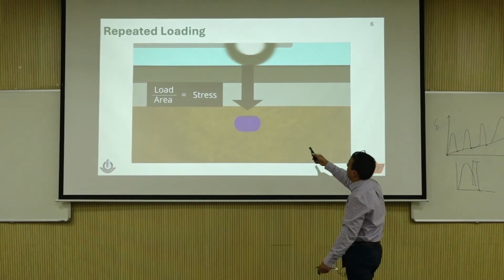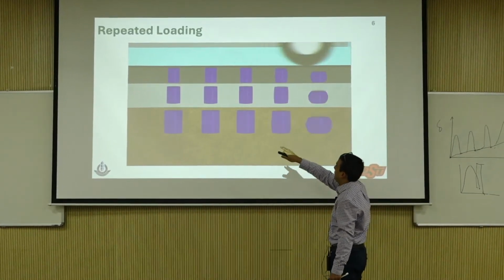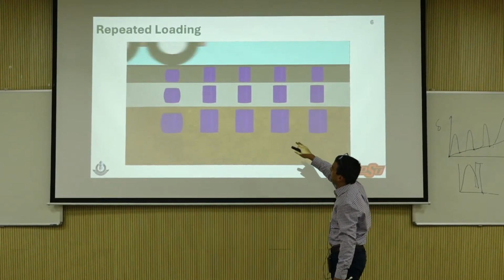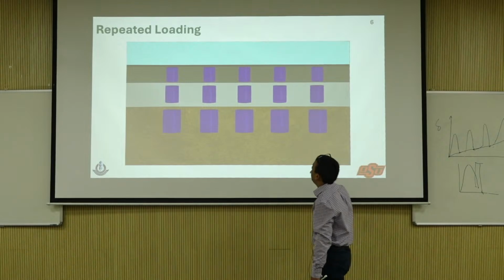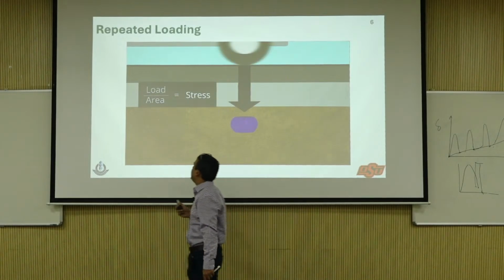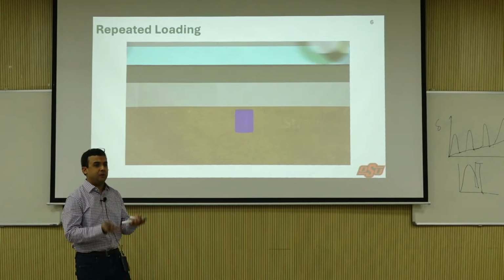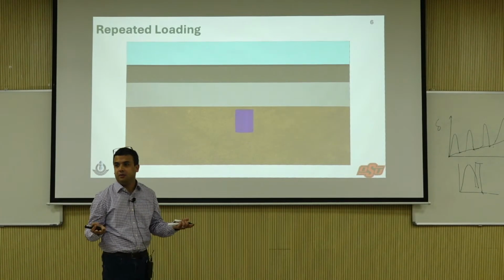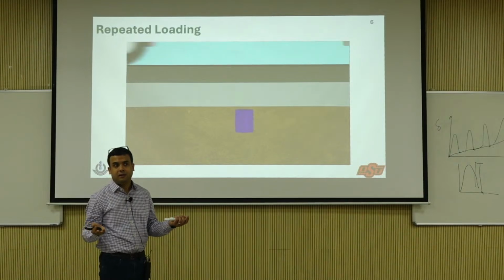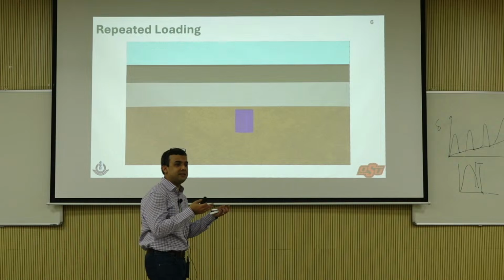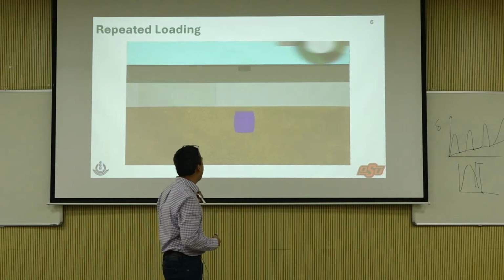So for any element, as the truck moves, your elements start deforming and then they start bouncing back. The whole idea is that it should be completely bouncing back when you are operating. Otherwise, you are having what? Rutting, permanent deformation, which manifests itself as rutting, right? You don't want that, right?